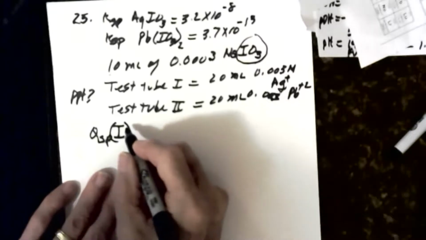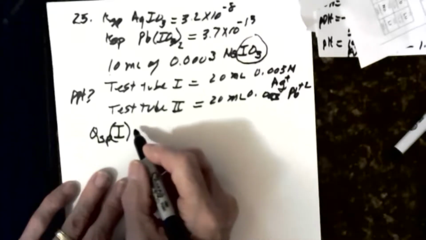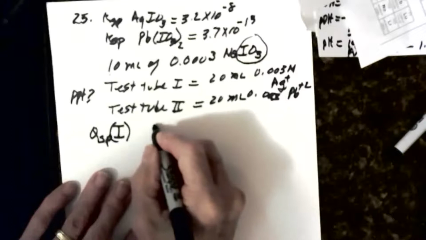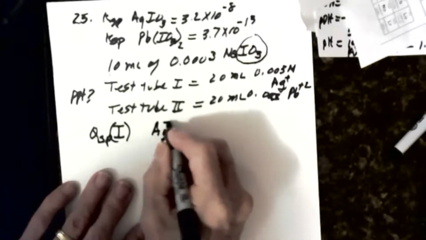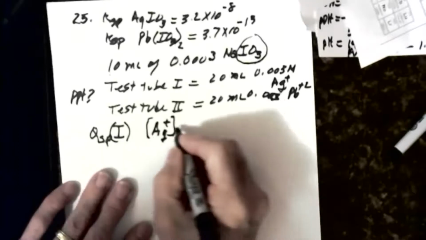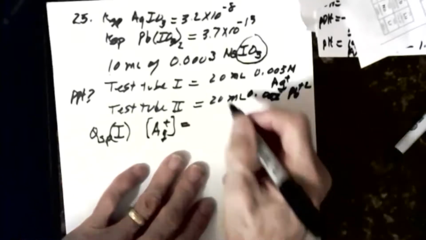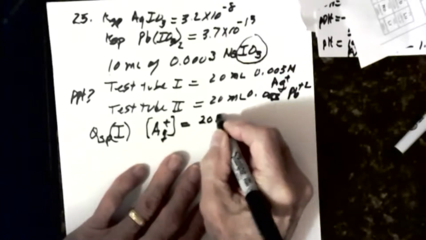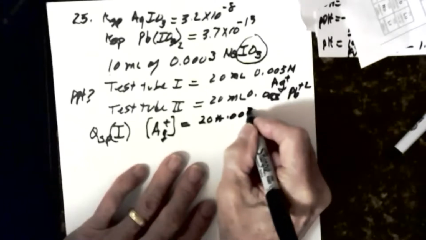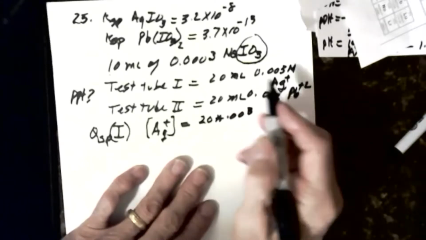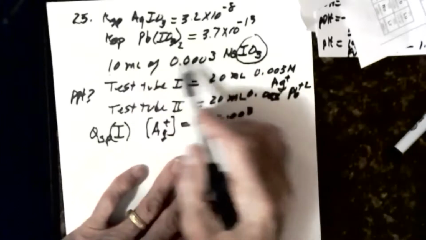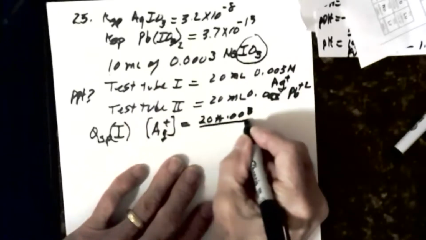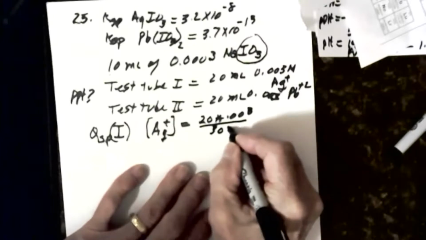So what I've got in test tube number 1 is the silver ion concentration now is going to be equal to, now I had 20 milliliters of that molar, so it's 20 times 0.003 molar. But now I've added 10 more milliliters of water when I put the iodate in. So I'm going to have a total now of 30 milliliters.